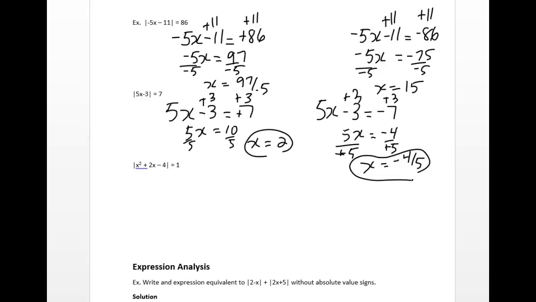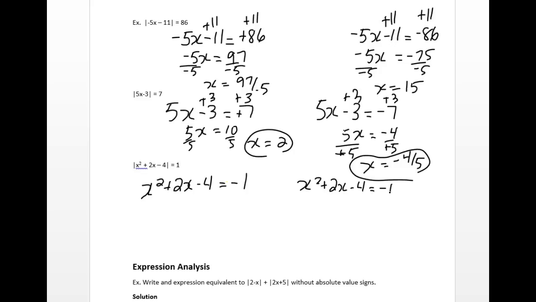Okay, this next one is a trinomial, so you could try doing what multiplies to this and adds to that. There's nothing that multiplies to minus 4 that adds to 2, so then what does that mean? Quadratic formula. But first we'll just take this out of absolute value, and we'll have to do a negative version, and we would do a positive version with the quadratic formula.